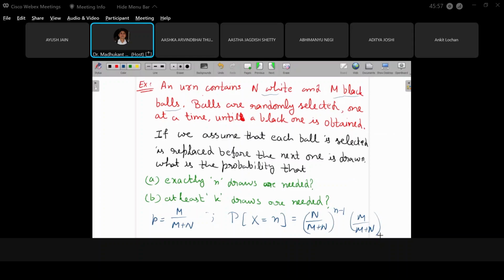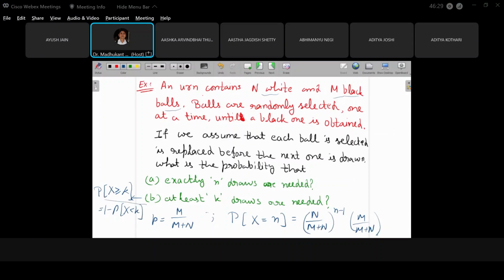Now similarly, if you require at least k draws, in this case B, you are interested in the probability that x is greater than or equal to k. At least k means x greater than or equal to k, which you can understand as 1 minus the probability that x is less than k.